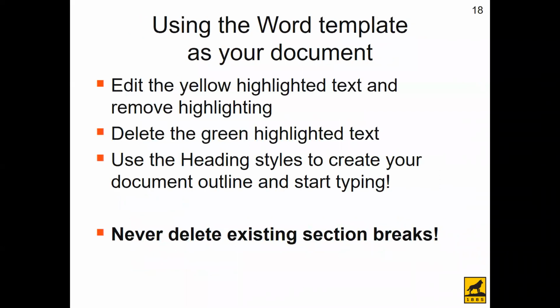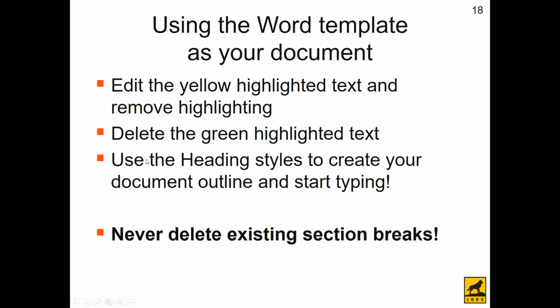The other way, which we would recommend, but we realize that not everyone's at the same point, is that you could use the template to start with. So download it, and that's what you would start typing in. What you will find in the template is that the yellow highlighted text is stuff that needs to be edited by you, and the green highlighted text are instructions. Those are things that you would need to delete.